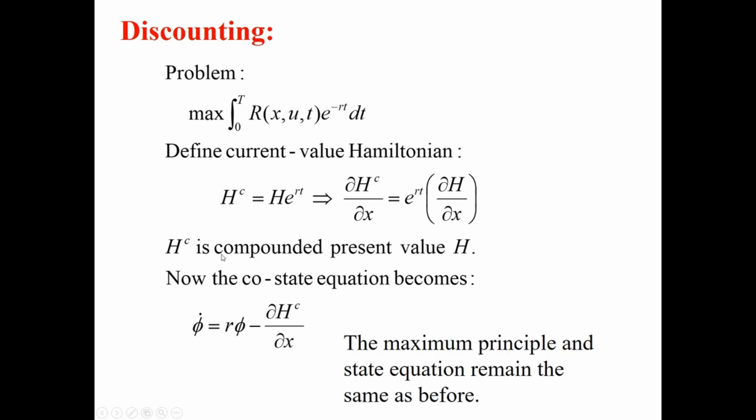So H^C, the current value Hamiltonian, is simply the compounded present value of the Hamiltonian that we had defined previously.